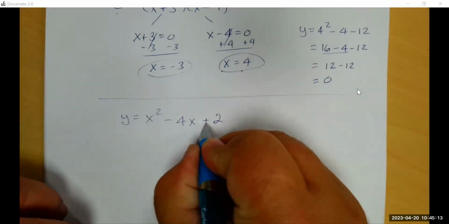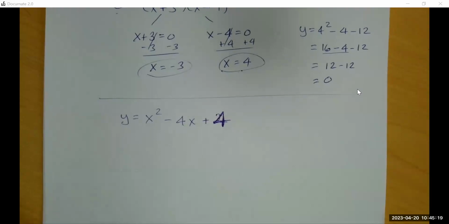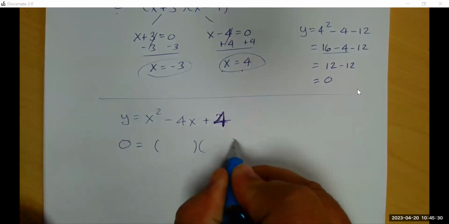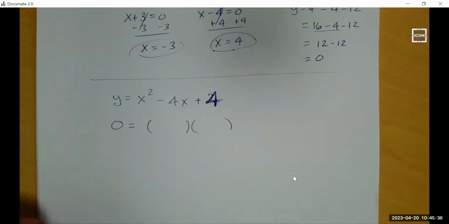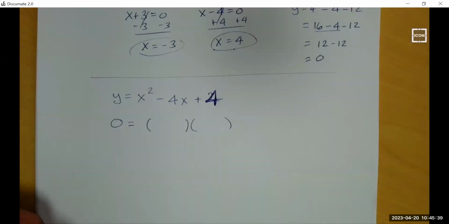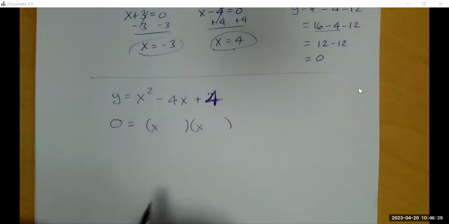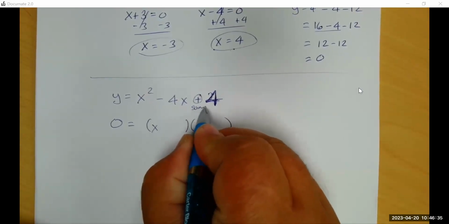Actually, let's try this one first. X squared minus 4x plus 4. We know x squared is made of x times x. The second sign is a plus, that tells us they're the same signs.